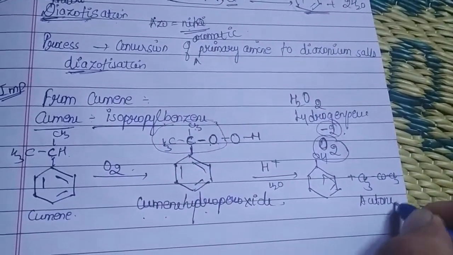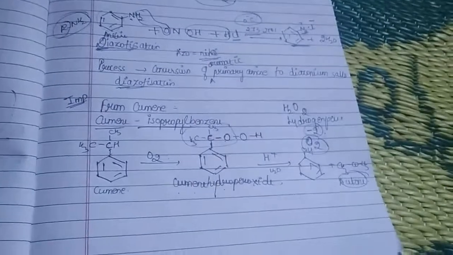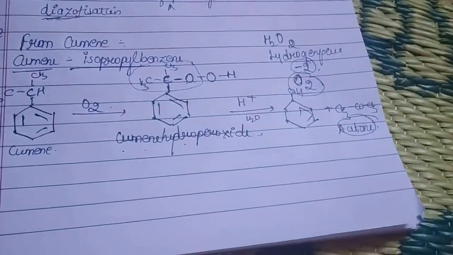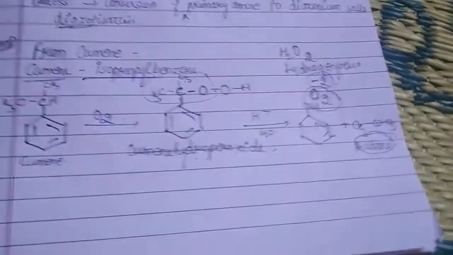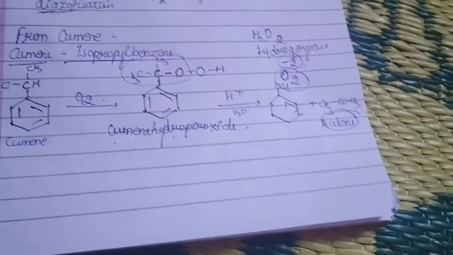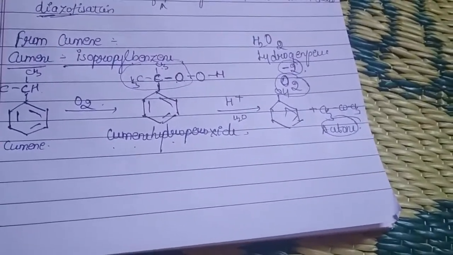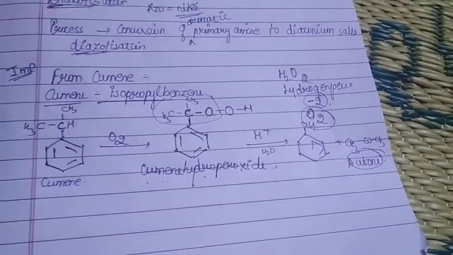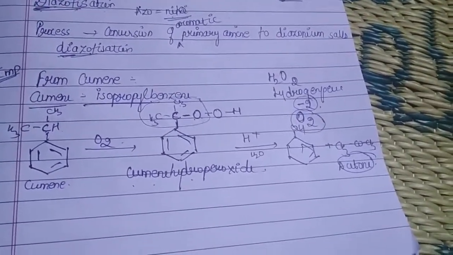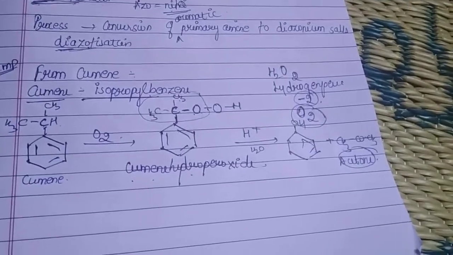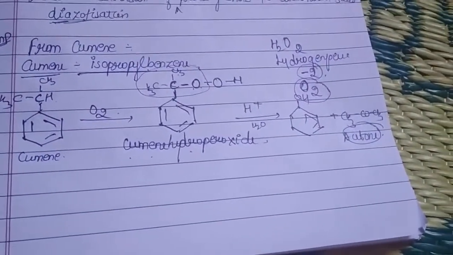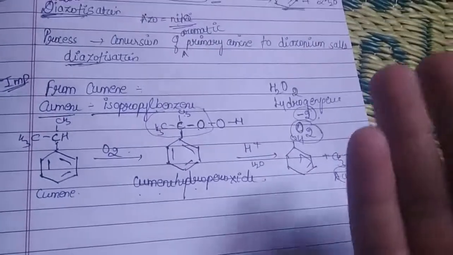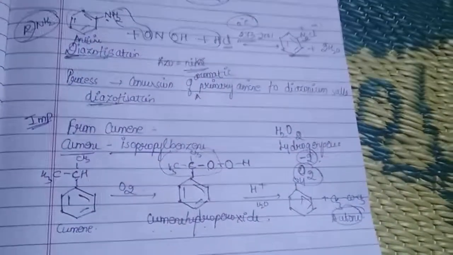An important byproduct obtained in the cumene process is acetone. Many times they can ask you, what is the byproduct obtained in the cumene process? It is acetone. Acetone is the common name. Of course, its IUPAC name is propan-2-one, but the common name is acetone. The nail polish remover, whatever you are using, is also acetone itself. So that acetone we can easily obtain from the cumene process.